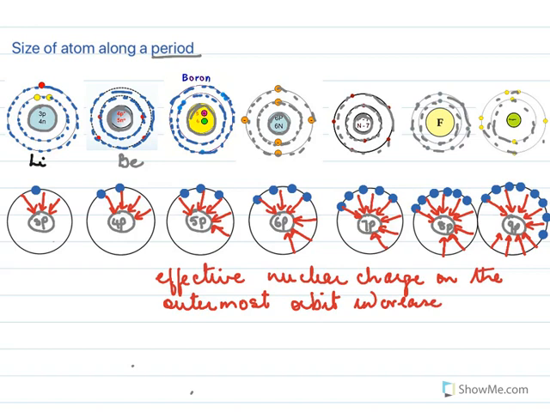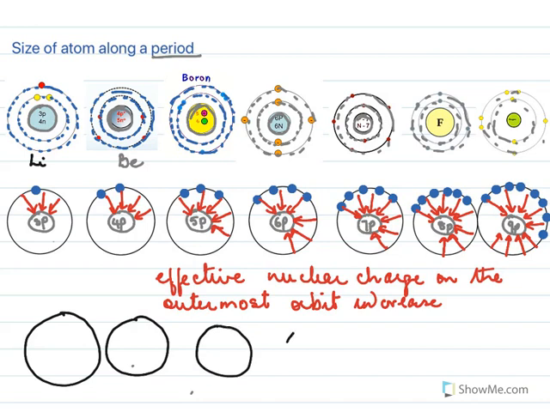So definitely the atom size will not remain the same. If this is the atom size in one here, in the next one the atom size will decrease because now the outermost orbit is experiencing a stronger pull, and then it will further decrease because the pull is even more, and then further decrease. So as we go along the period, we find the atomic size decreases.